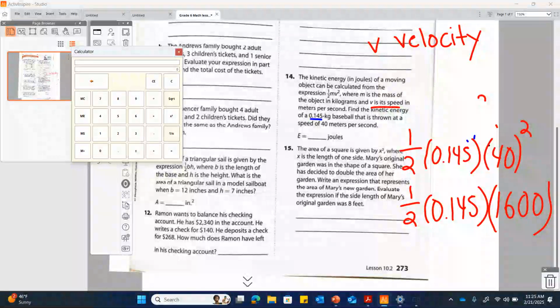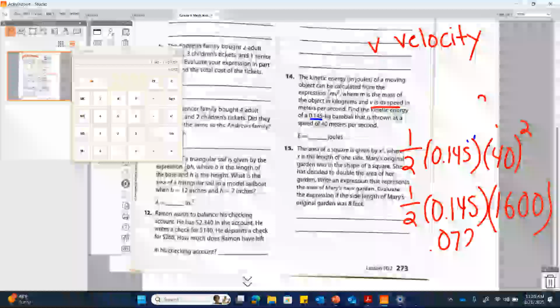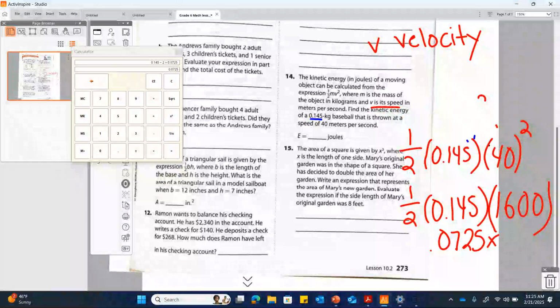So 0.145 divided by 2, that's a half of that. And then, so that becomes 0.0725. And we're going to multiply that. Whoops, I just said I don't use multiplication symbols here because I don't want you to confuse it with x's. Multiply that by 1600, and I get 116.